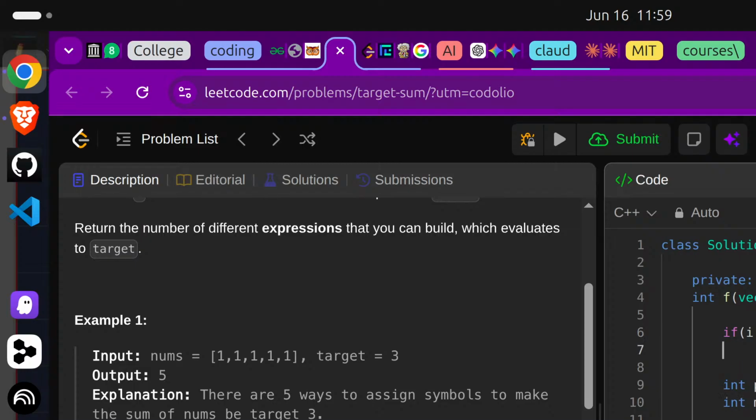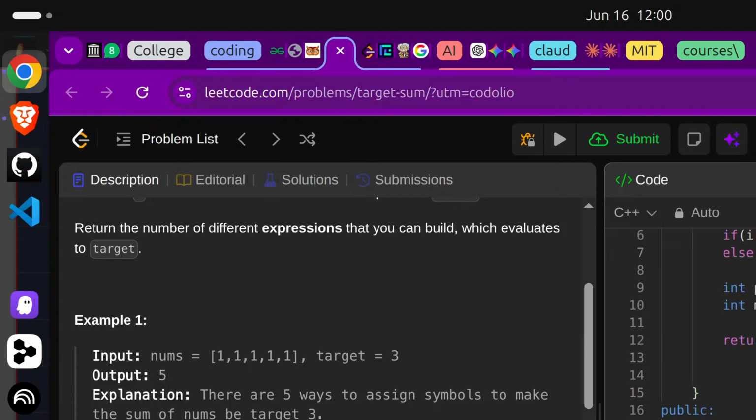Okay, else if i is equal to n, return 0, and okay, what we have to pass to it, we have to return f of nums, i is 0 here, right?